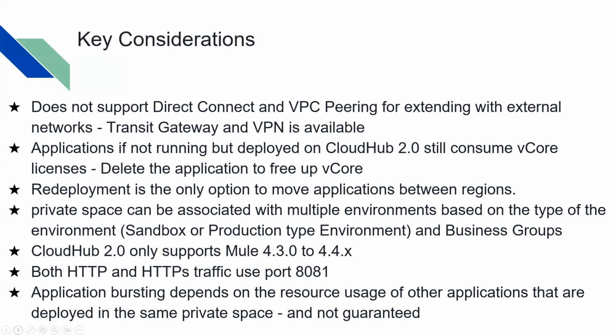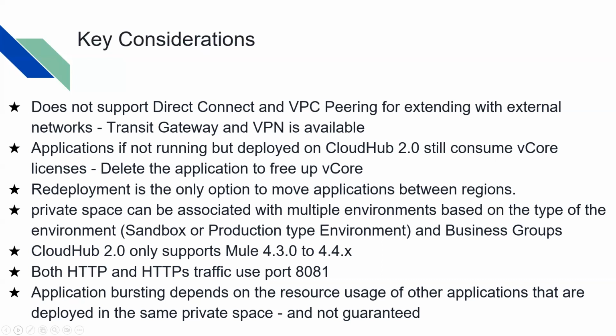And application bursting depends on the resource usage. I think it comes from the concept of containerization. Under high load, your replica can scale up, and that scale up is only possible if at that point in time resources, meaning CPUs and memory, are available.